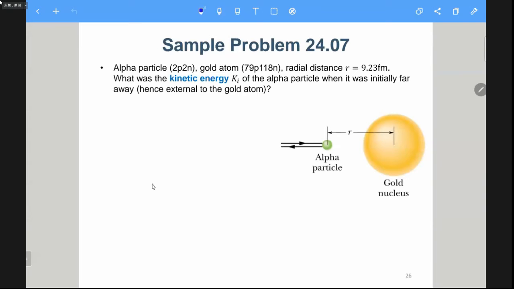Here we can consider the conservation of mechanical energy, which is the sum of the kinetic energy and also the potential energy. Since it is conserved, we will have Kf, the final kinetic energy, plus the final potential energy.